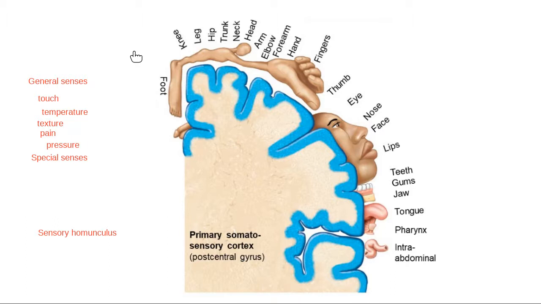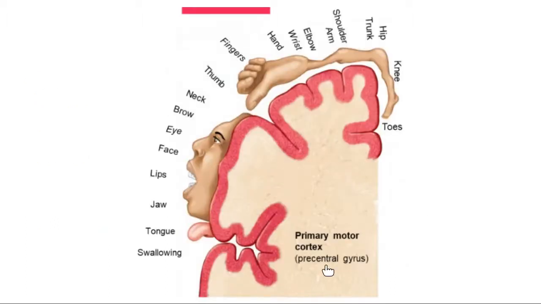Yeah, like Gloria said. Contrast that with the motor homunculus. The motor homunculus is the one from our assignment here at the beginning of class that we talked about in the pre-central gyrus. The pre-central gyrus is part of the frontal lobe. Now we're talking about movement.